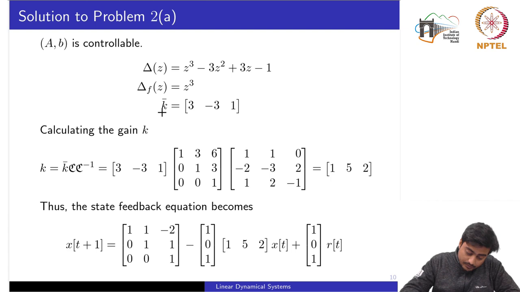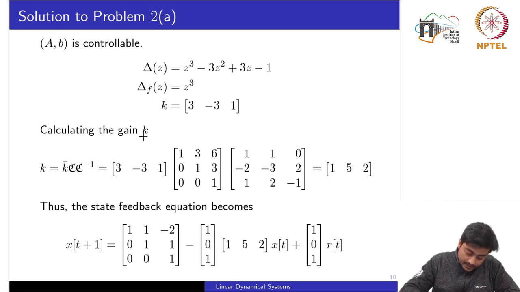So first we compute the k bar, which is computed by the differences of the coefficients of z having the same powers. Since all these coefficients are 0, these k bar can be formed directly with the coefficients of the characteristic polynomial of the plant.